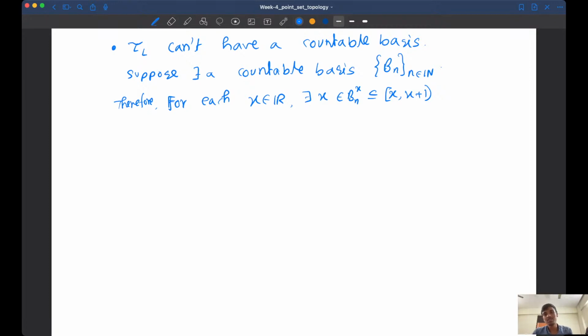But note that B_{n_x} cannot be equal to B_{n_y} for x not equal to y.